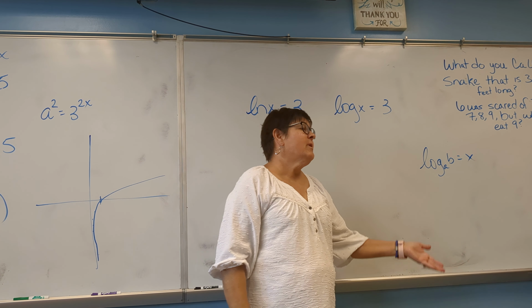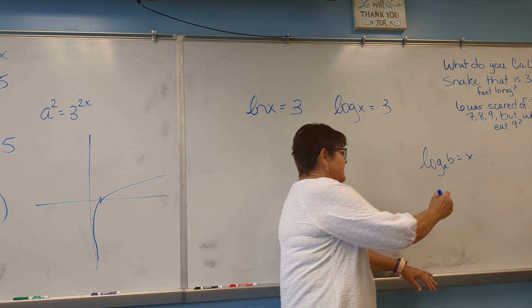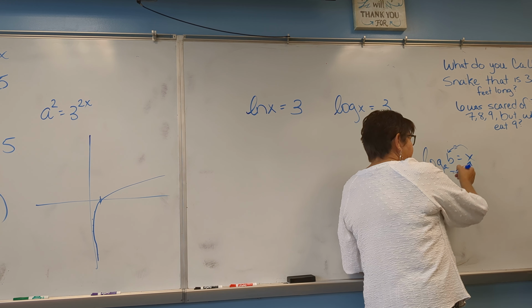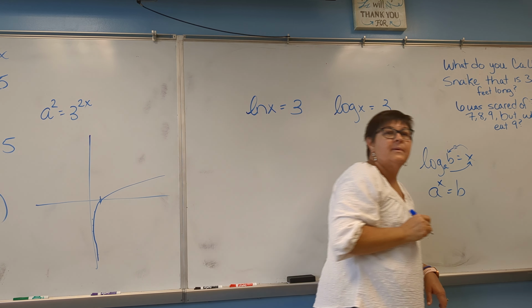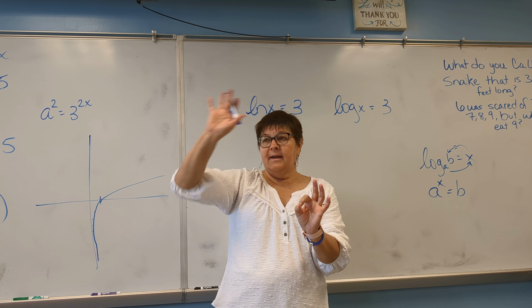And how did we rewrite this guy here? A to the power of x equals b. The idea is the little guy to the power out here is equal to that number.